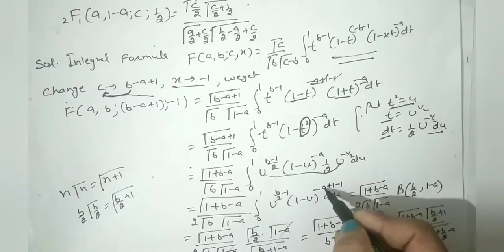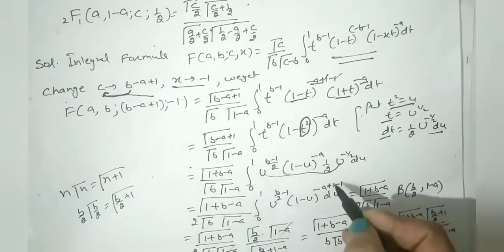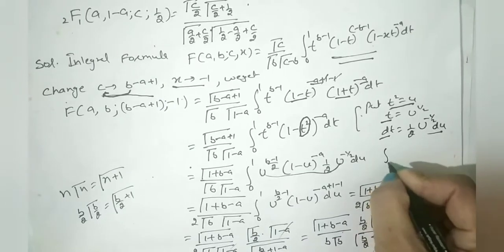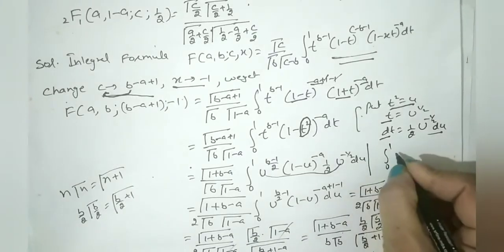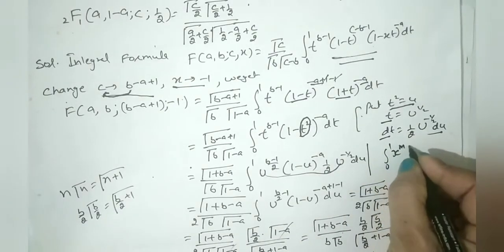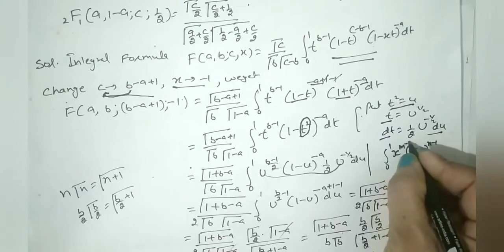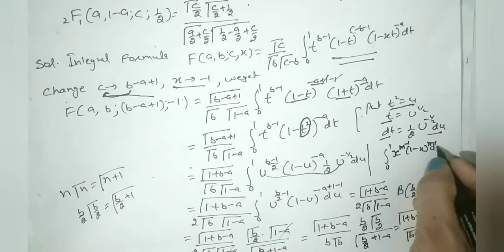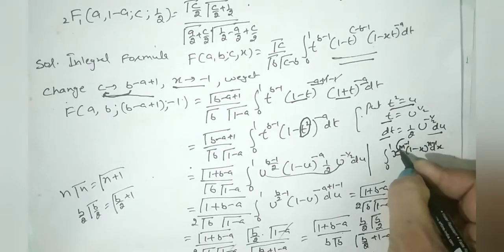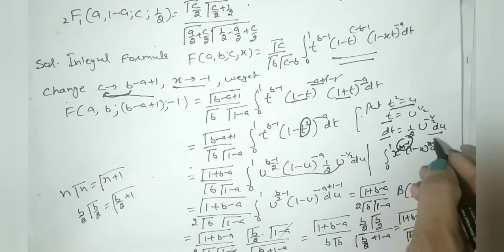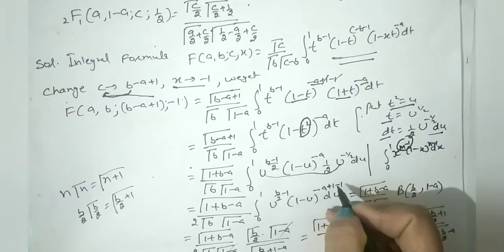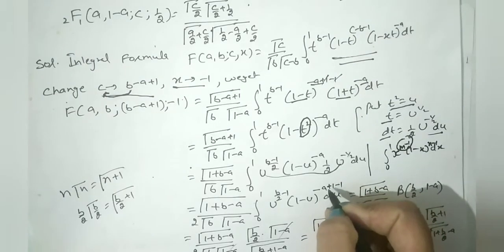That means we are going to express this as a beta function, which is integral 0 to 1 x raised to power m minus 1 and 1 minus x raised to power n minus 1 dx. So we need the terms in the form of something minus 1, something minus 1. So to write minus 1 here, we add 1 as well.